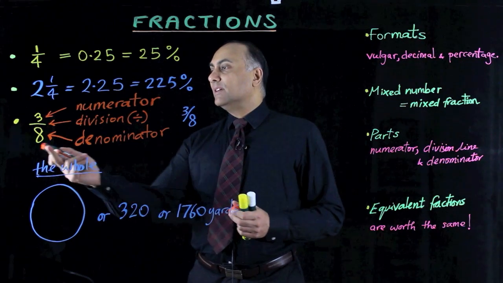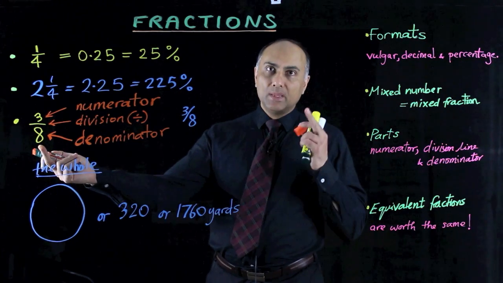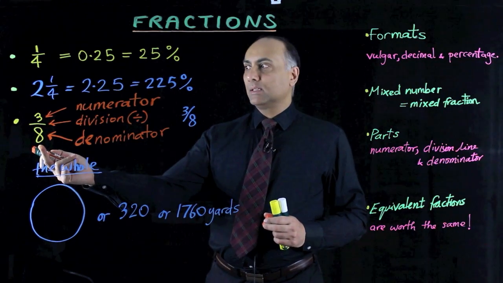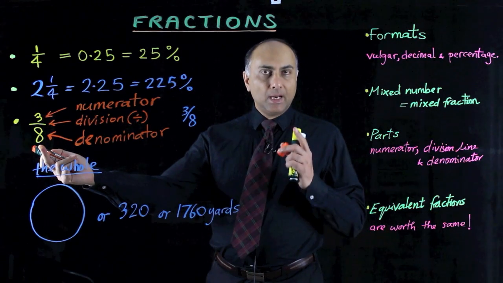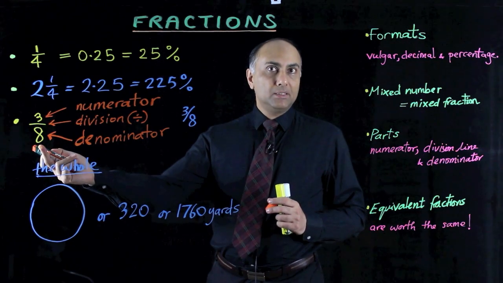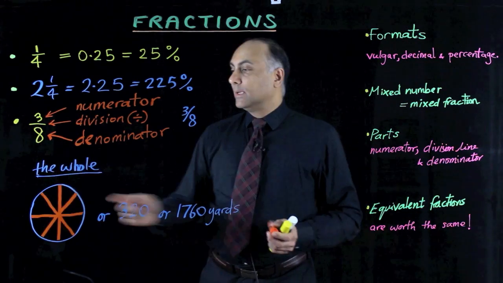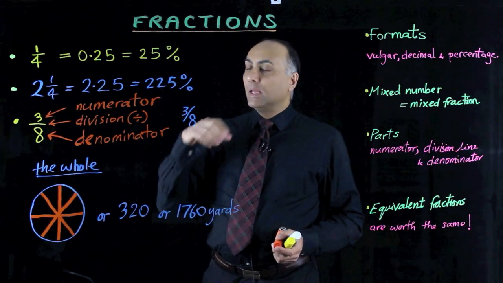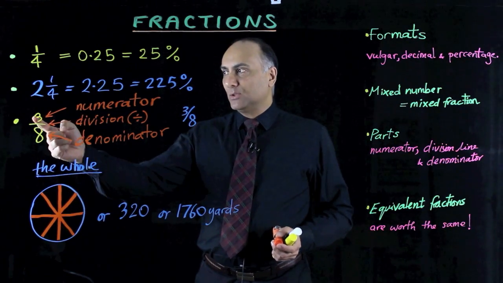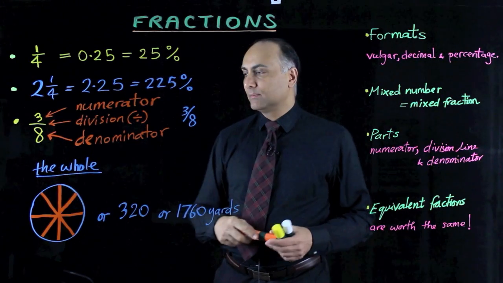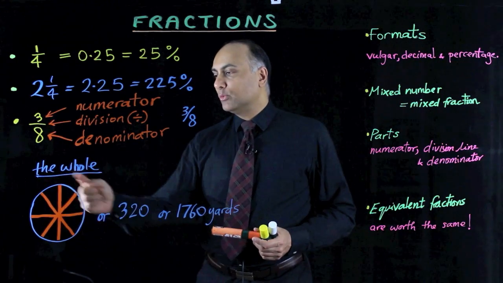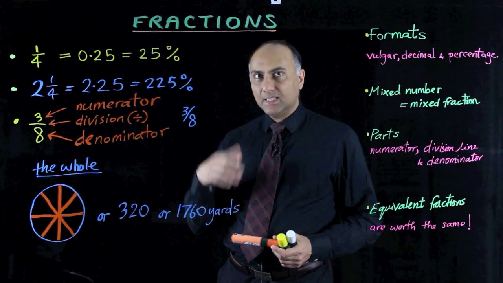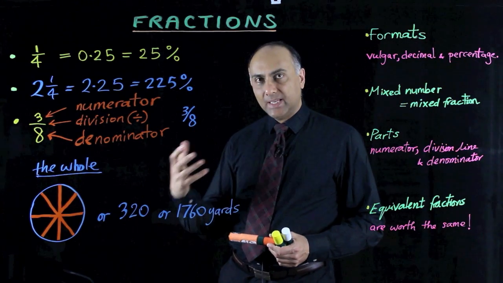Let's first divide it in accordance with the denominator. Since the denominator is 8, I must split it into 8 equal parts. So we have 8 equal parts. And out of those 8, we actually have 3. So if this was a pizza, it would be cut into 8 equal slices, and I'm having 3/8 of the pizza.